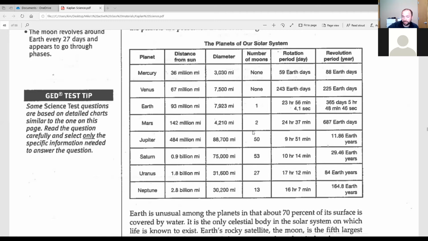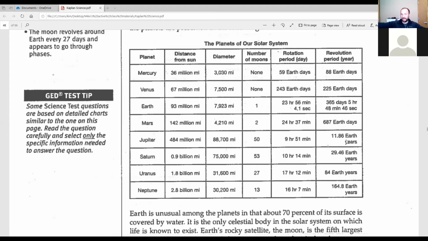In terms of years, Jupiter takes almost 12 of our years to complete its orbit around the sun. Long. Saturn, same thing, is 0.9 billion miles away, 75,000 miles across, 53 moons, a 10-ish hour day, and almost 30 of our years to orbit around the sun.